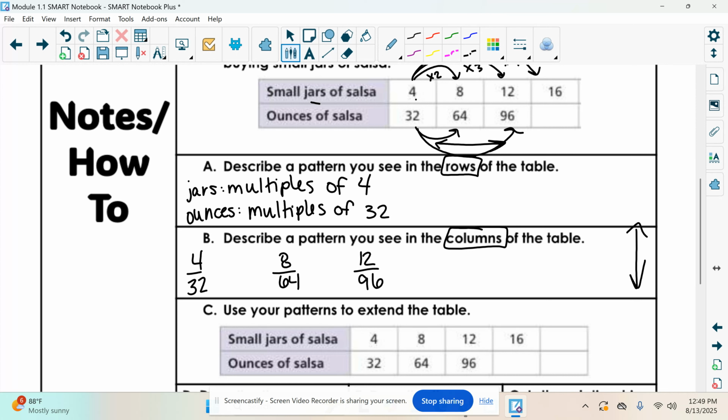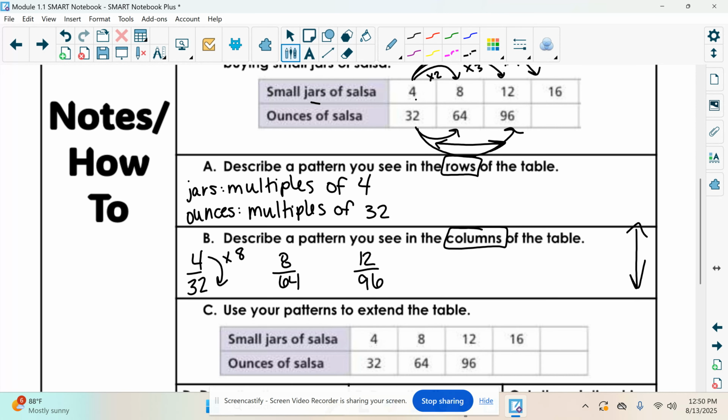All right, 32 is in 4's multiples. I like it. What do you have to multiply 4 by to get the 32? 8. Good. So if you were to list 4's multiples, 32 would pop up.